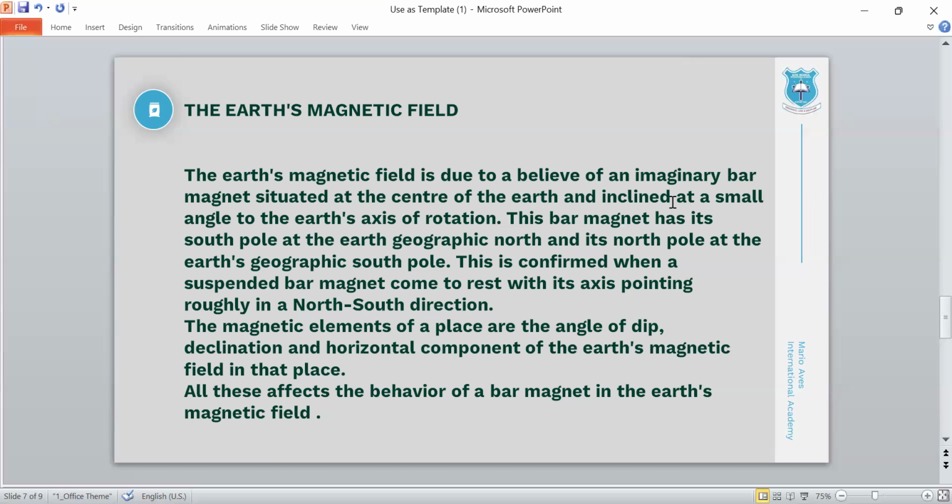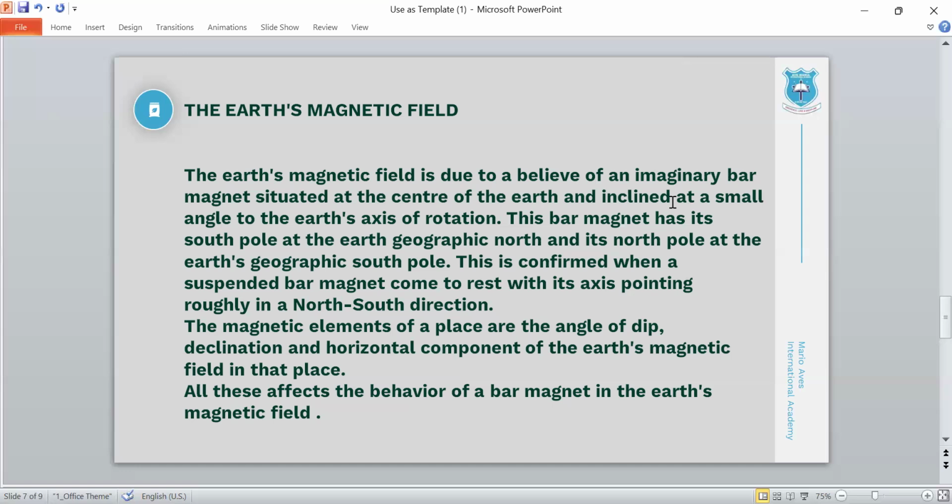This shows that there is another magnet situated in the geographical plane of the Earth that is dragging the north pole of the magnet to the north geographical pole. You know, we have the north, east, west, and south.